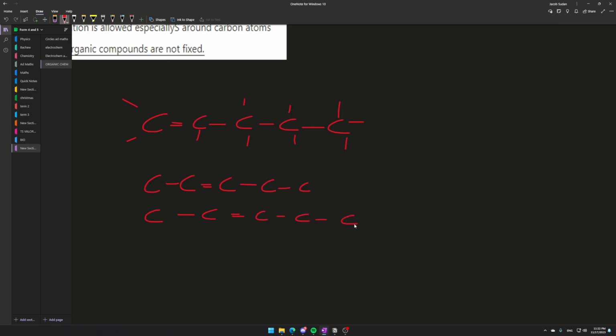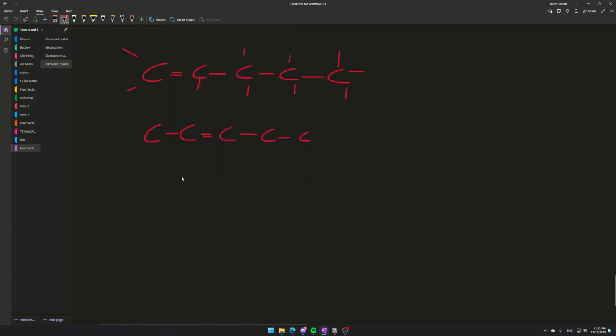Actually, wait, no, my bad. Pent-3-ene. It's really the same thing. My bad. This could still count as pent-2-ene. But let's say we can change this up even more. We could say it like this. This is an isomer of it.